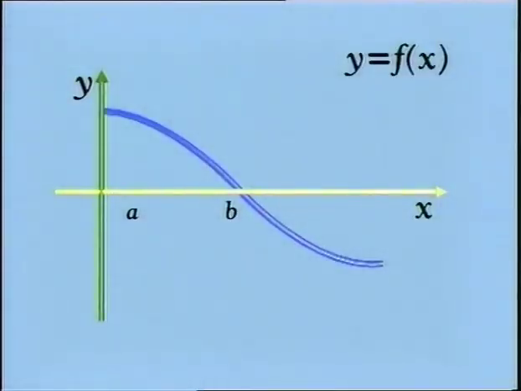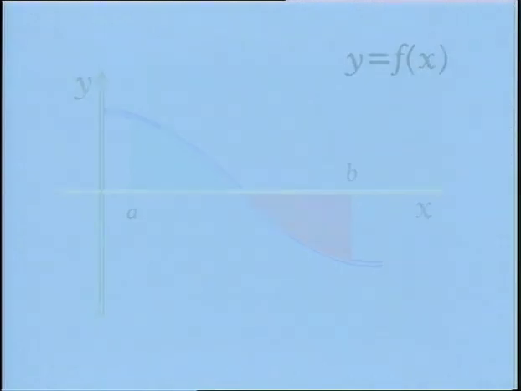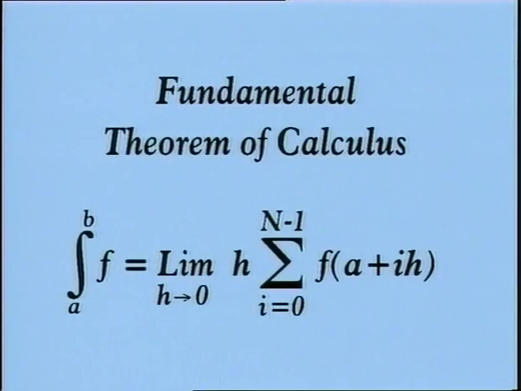We've also shown how the definite integral of f from a to b can be interpreted as the area between the graph of f and the x-axis, provided that f is not negative in this interval. And we've introduced and hopefully made plausible to you the fundamental theorem of calculus, which links the definite integral of f from a to b to this limiting sum.